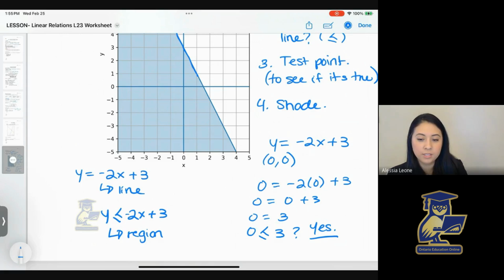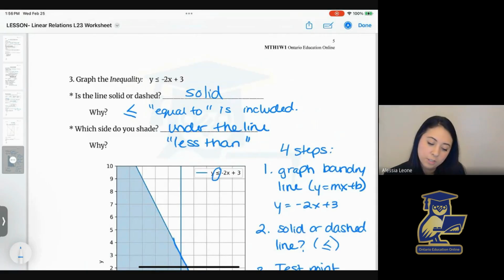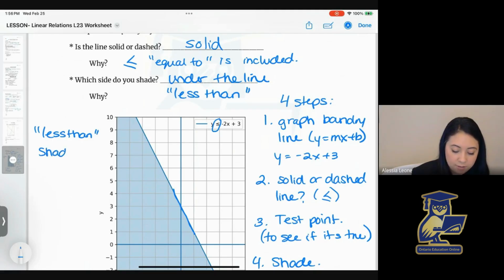So one shows us the line, one shows us the region we have to shade. So many notes on this page, but we can even make another note and we can say, if ever it's saying less than, we can shade below. If it's saying greater than, we shade above.